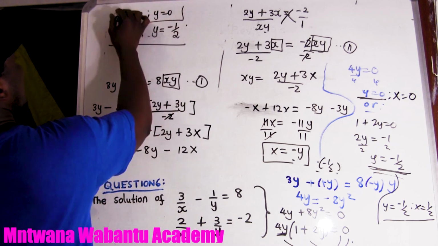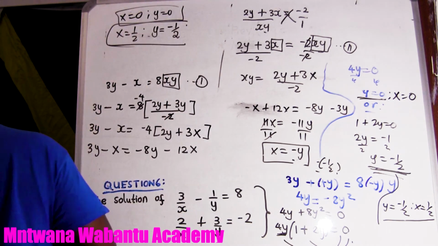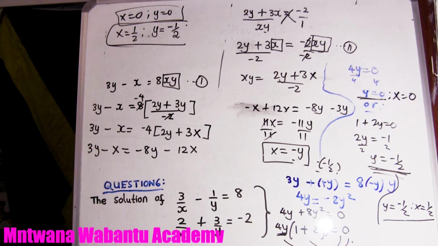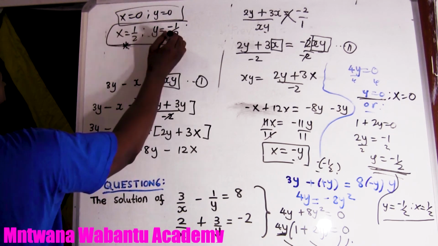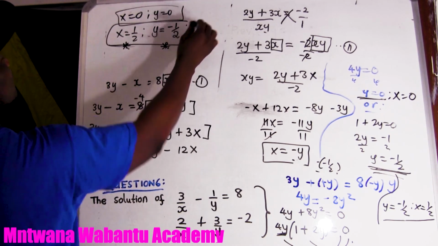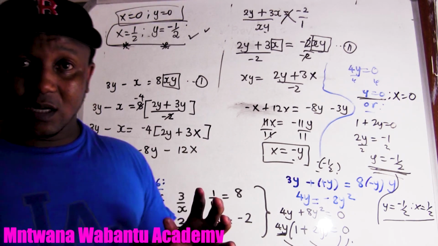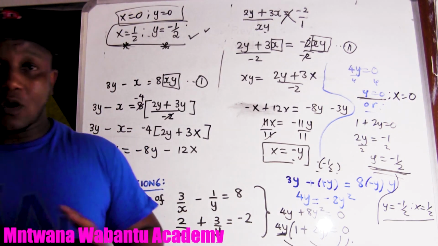So it all depends on your options. You have to look. Okay, x a half, y negative a half, which should be option 1. Okay, cool. Oh my God, so we're done with all the questions.